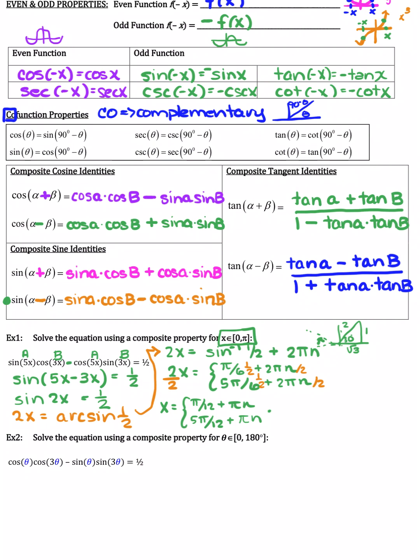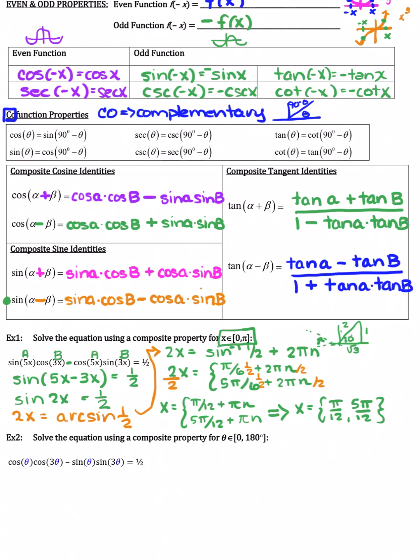And that makes it a little bit easy because our particular solution is just from 0 to pi. So my particular solution is just going to be pi over 12 and 5 pi over 12. Because if I add pi to that, I will be outside my range.